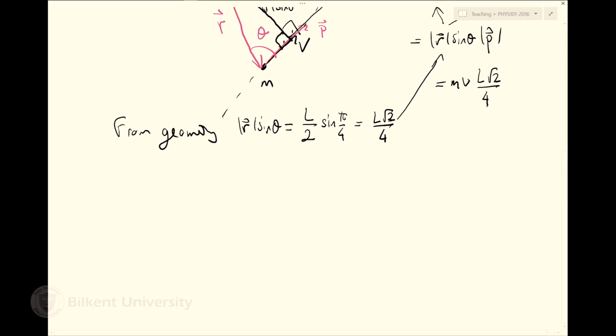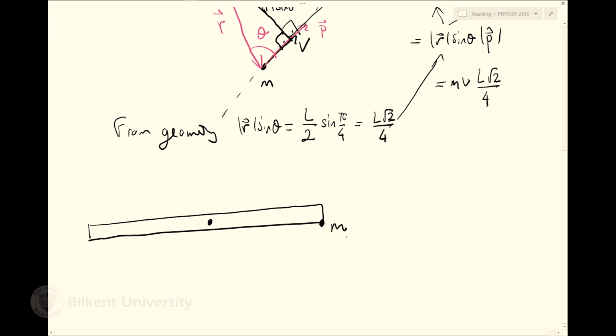Now we need to find the final angular momentum. In the final case, I have this rod and this particle sticking to the end, and they both rotate with omega. What will be my final angular momentum?